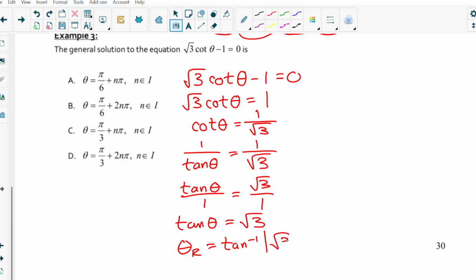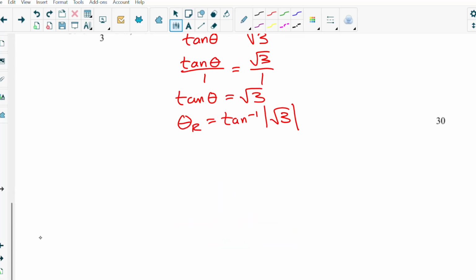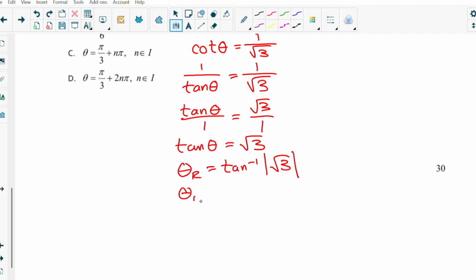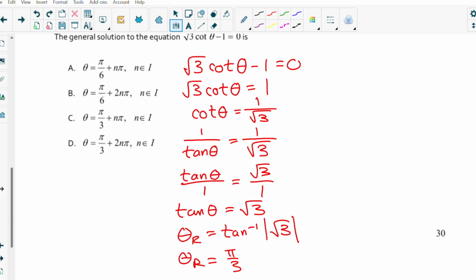Let's solve. The reference angle equals the inverse tangent of the absolute value of square root of 3. And so my reference angle is pi over 3. So I'm looking at this in terms of a tangent ratio. It's positive, greater than 0. So I know I'm in quadrant 1 or quadrant 3.